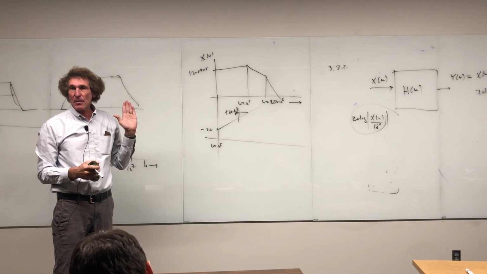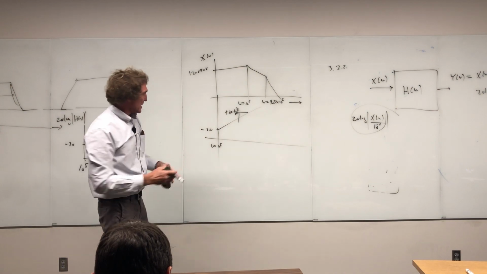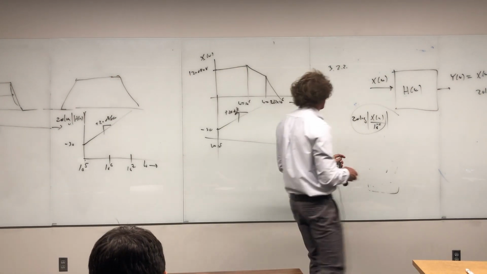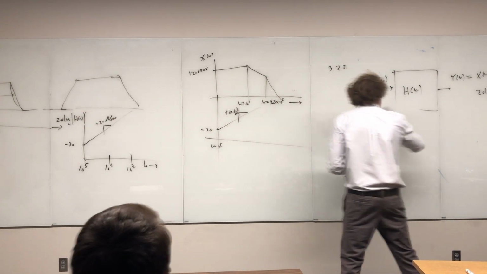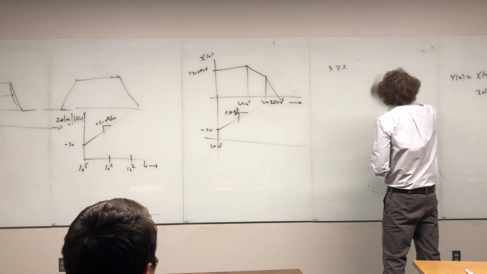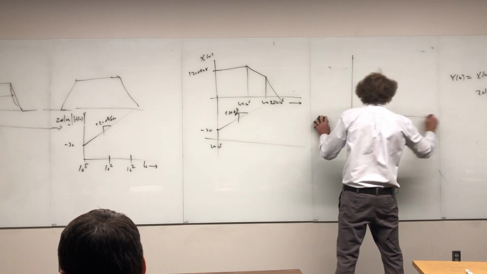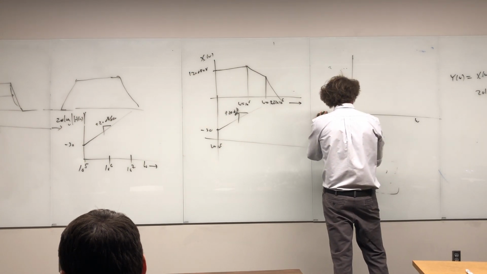Now, how do we get the output? We start right here, right? And our output, I can't work it in here for you to see it, so I'm going to put it over here. So here, this is omega, and this is going to be 10 to the 5th.